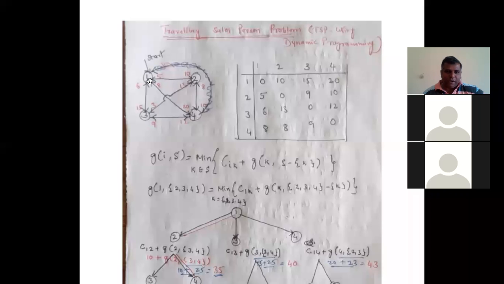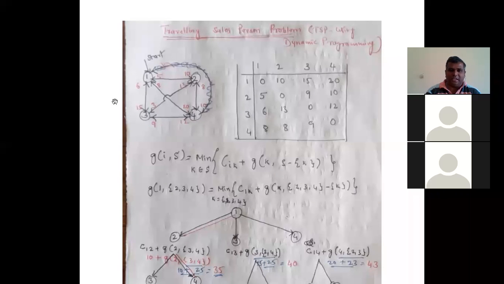So city 1 to city 2, the cost is 20. Both directions I have written on the same edge, and 2 to 1, the cost is 5. So that means it is a completely connected graph. So the direction from 1 to 2, the cost is 10, 2 to 1, cost is 5.